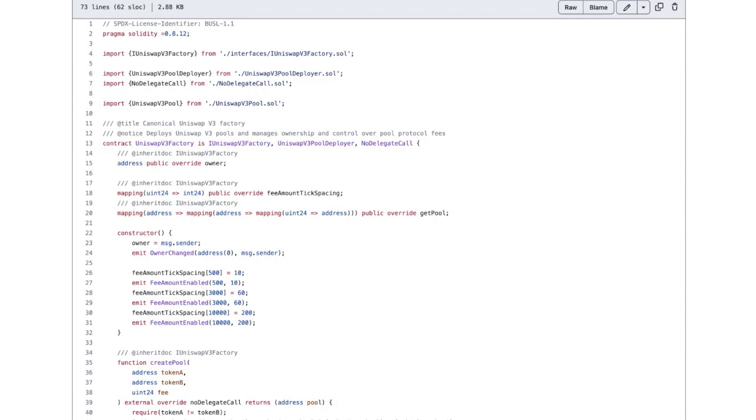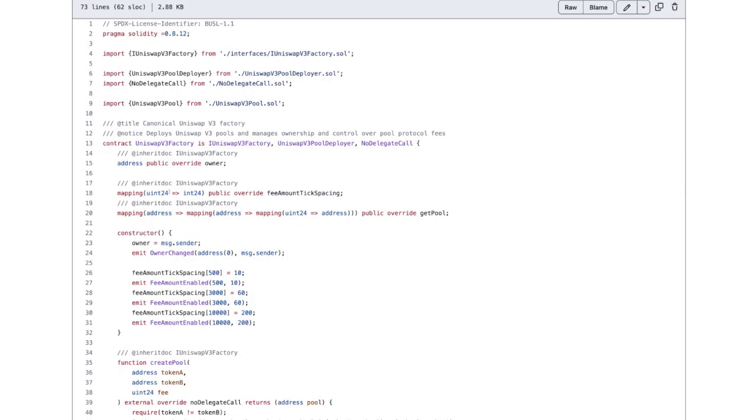Okay, cool. So we have the address of the owner, and then fee amount tick spacing mapping. I'm not too sure what that would be. Oh, I think it's because it's concentrated liquidity. Maybe that's where you choose where you put your liquidity in the factory. I don't actually know. Fee amount tick spacing.